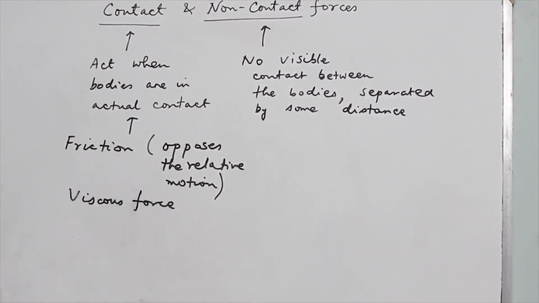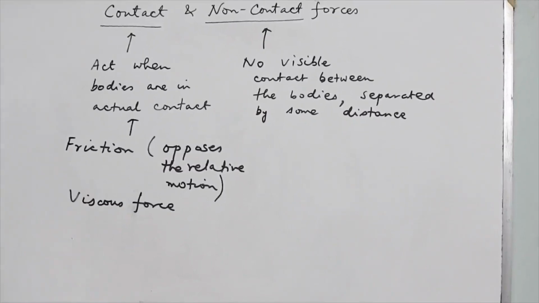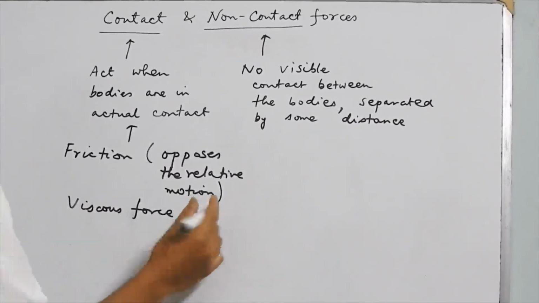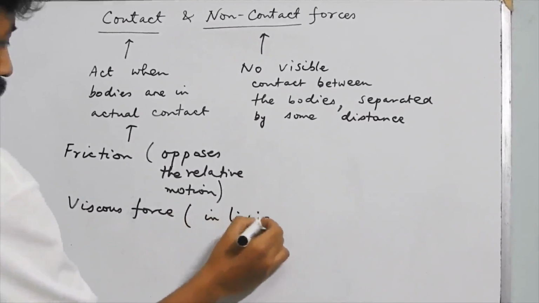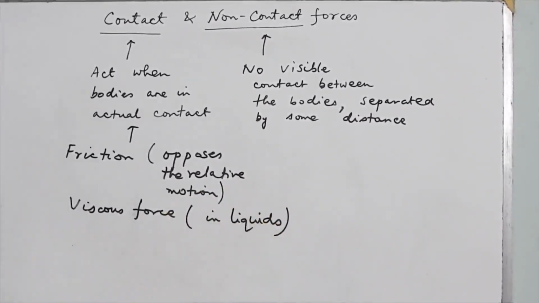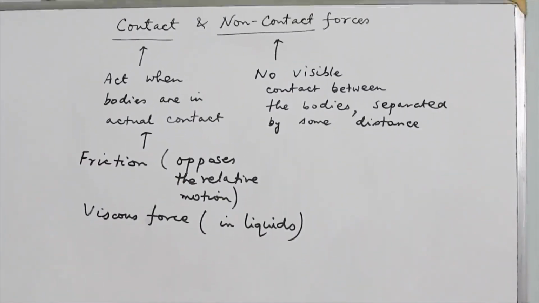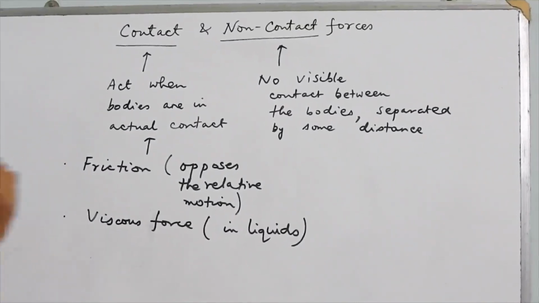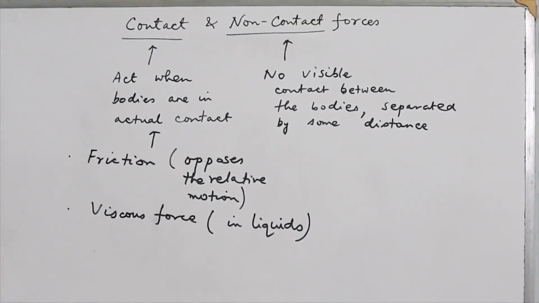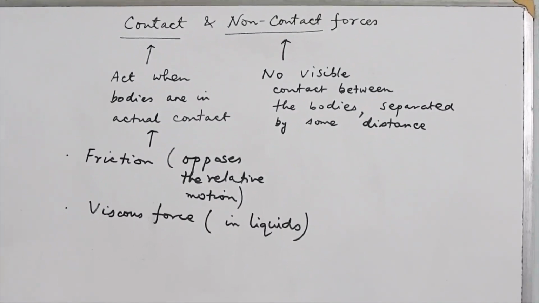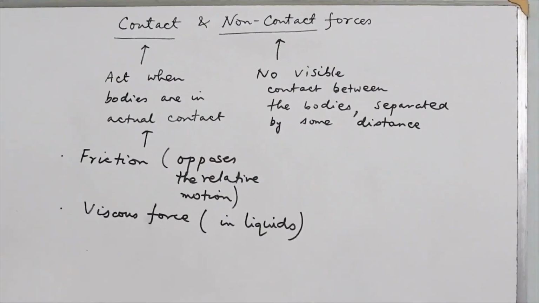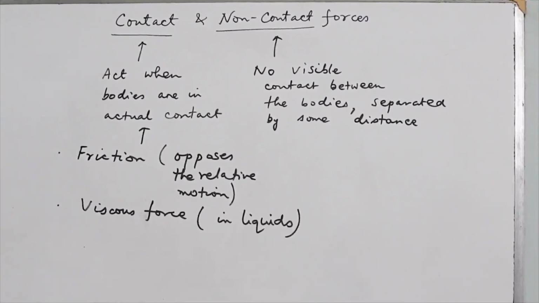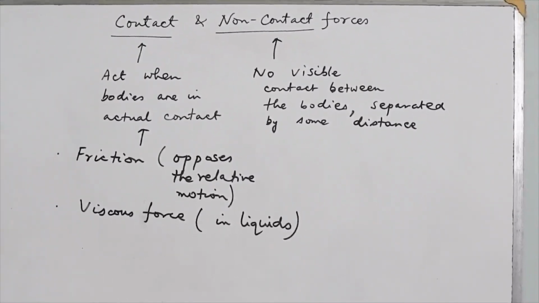That is also a type of internal frictional force that acts in liquids whenever there is a relative motion between the layers of the liquid. So like friction, the viscous force acts between the layers of the liquid and it tries to oppose the relative motion between different liquid layers. So it is also a type of contact force.